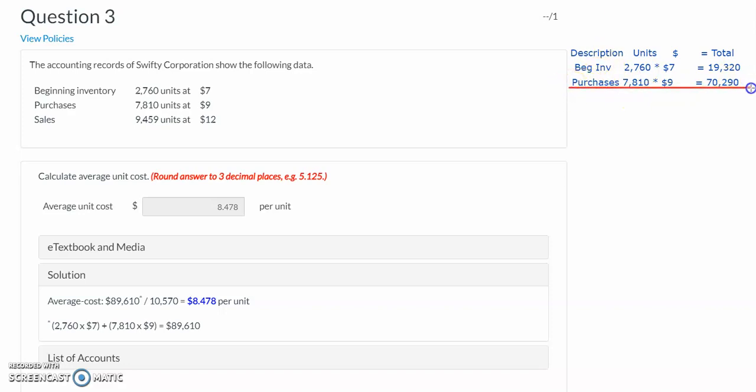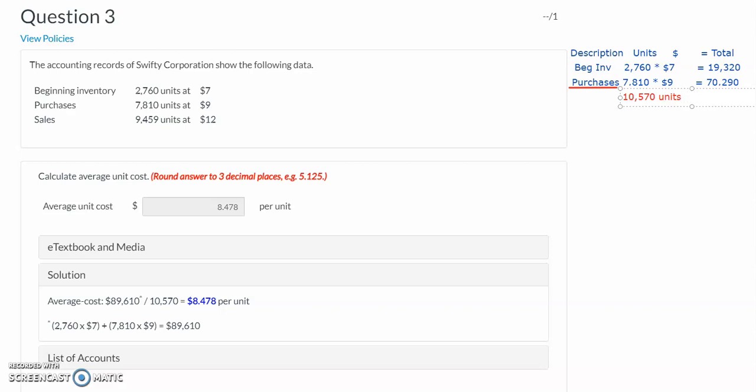One of the things that you want to do for a problem is to summarize what is your cost of goods available for sale and how many units do you have available for sale. These are 2 really helpful things to summarize when you're doing a problem like this. If you take your number of units, 2,760 plus 7,810, you're going to see that this adds up to 10,570 units.